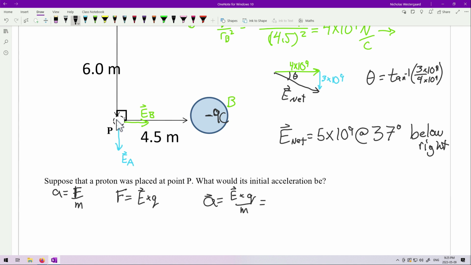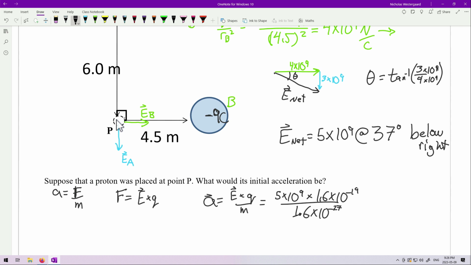So for this, I just slap in my numbers: 5 times 10 to the 9, multiplied by the elementary charge of a proton, 1.6 times 10 to the negative 19, and divide by the mass of the proton. You might not know that off the top of your head, but that's okay. The mass of the proton is on your sheet of constants. It's 1.6 times 10 to the negative 27 kilograms, I believe.